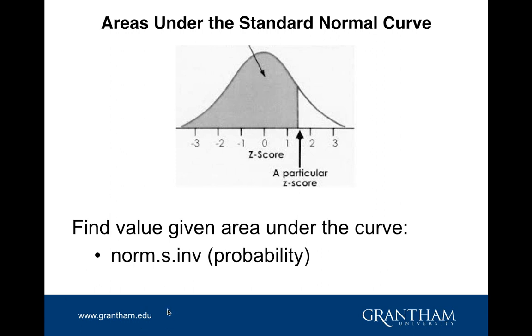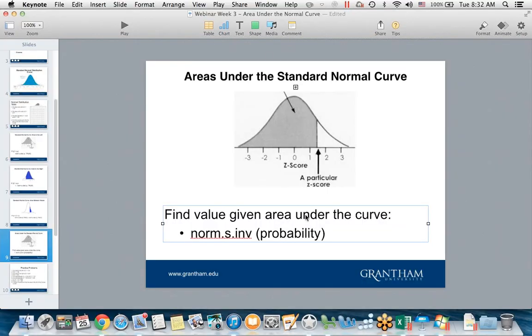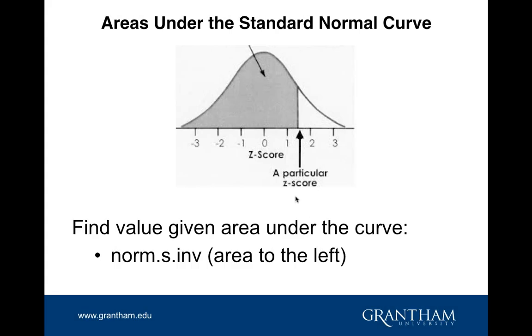Notice that this also has an S. The S is because it is a standard normal curve. And then we're going to put within the standard normal curve the area to the left. This is important. The area to the left is what we're going to plug in. In fact, I'm going to write that again so that you don't get confused. We're typing in the area to the left.